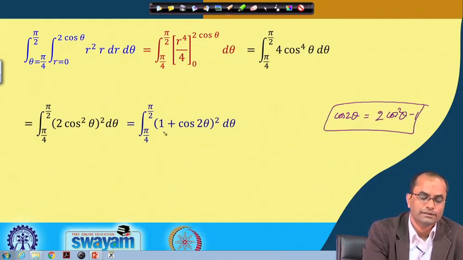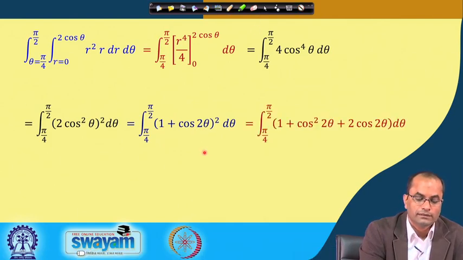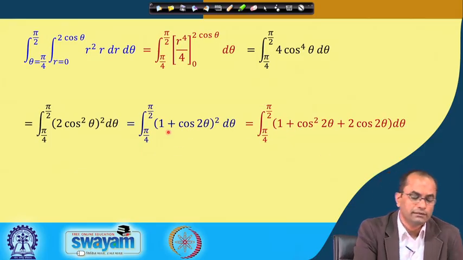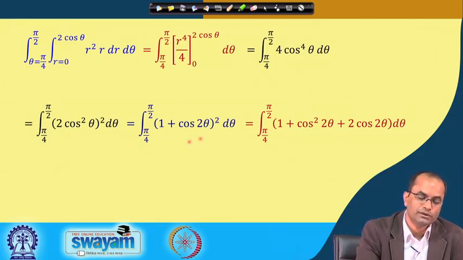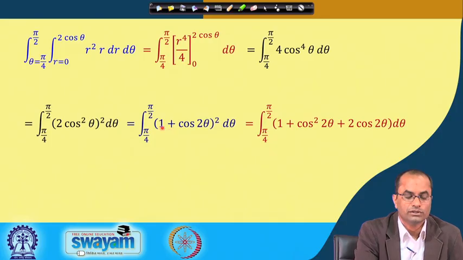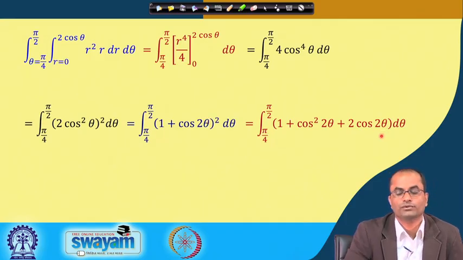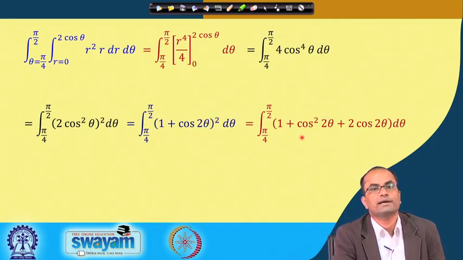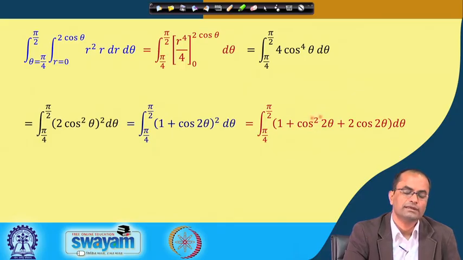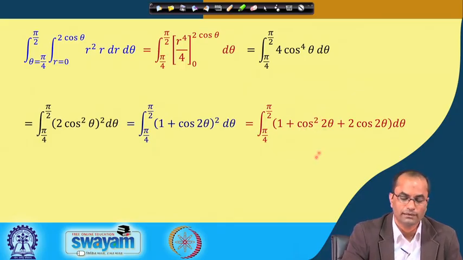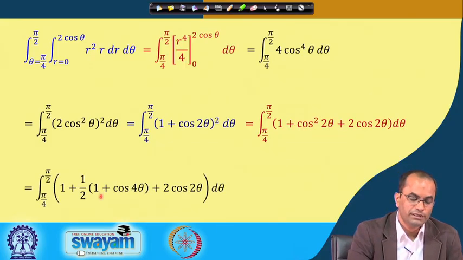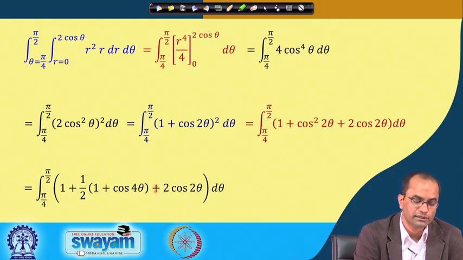So, with this relation we have converted into the 2 theta angle, and then we have to simplify further. So, 1 plus cos square 2 theta the whole square and 2 times the product, so 2 times cos 2 theta. Again this square term has come up, but again we can convert into the double angle. So, cos square 2 theta will be half of 1 plus cos 4 theta now.